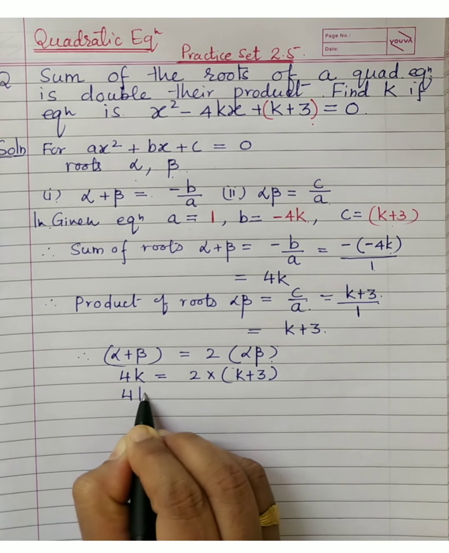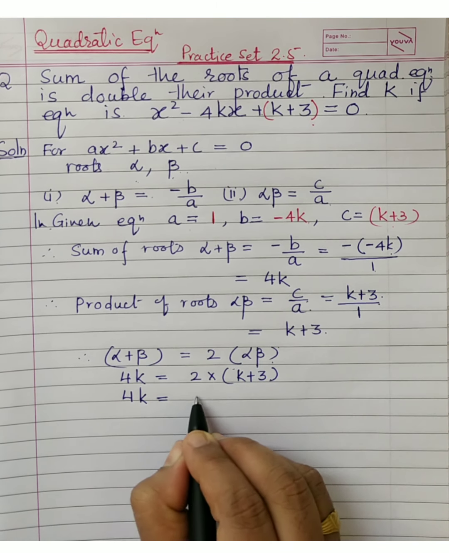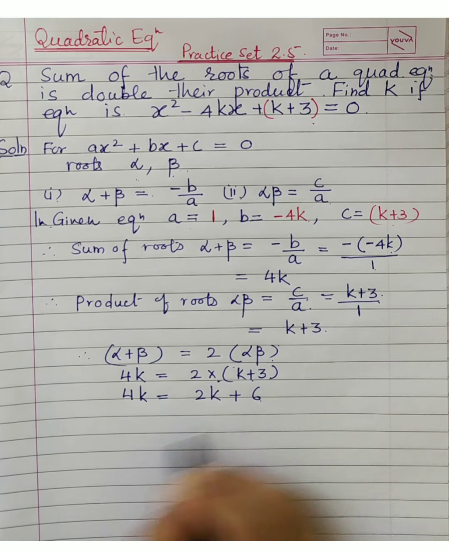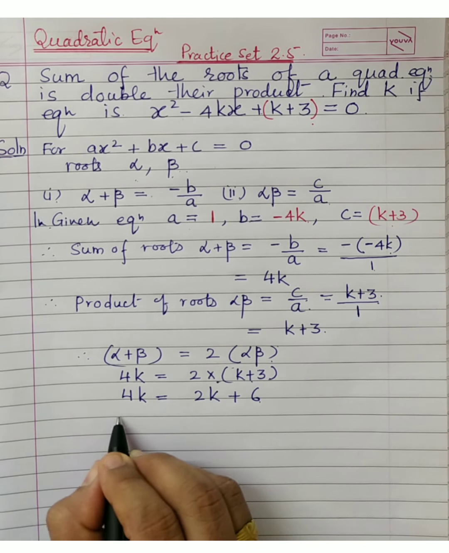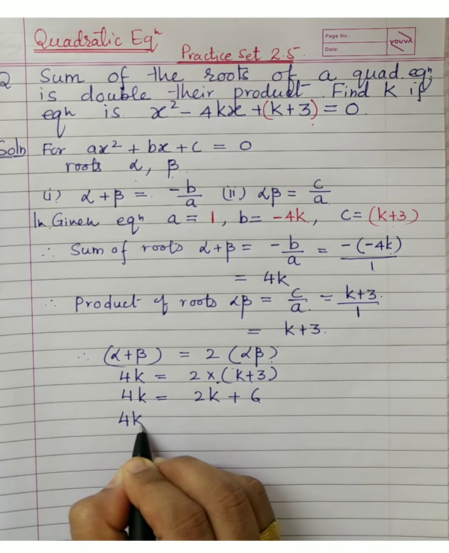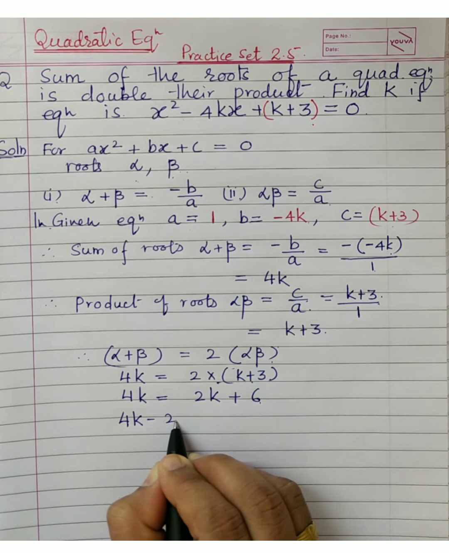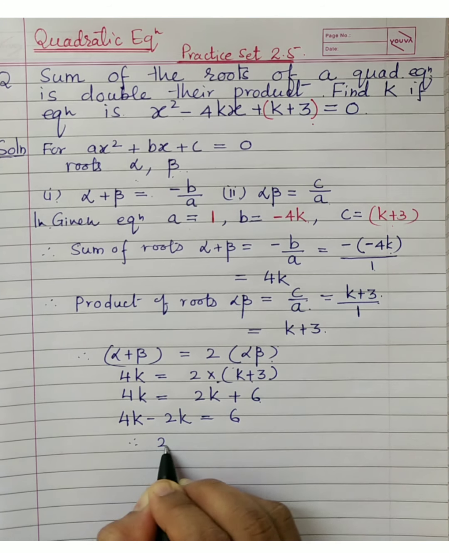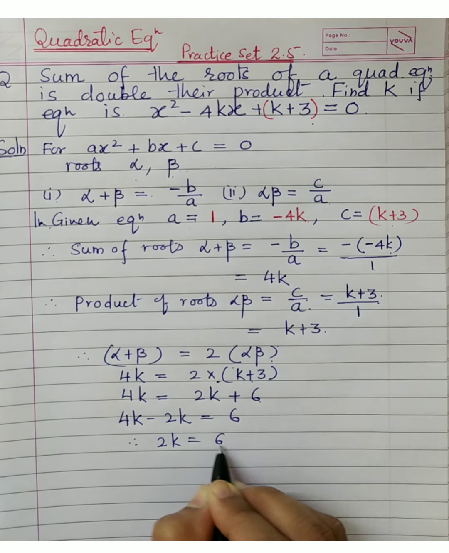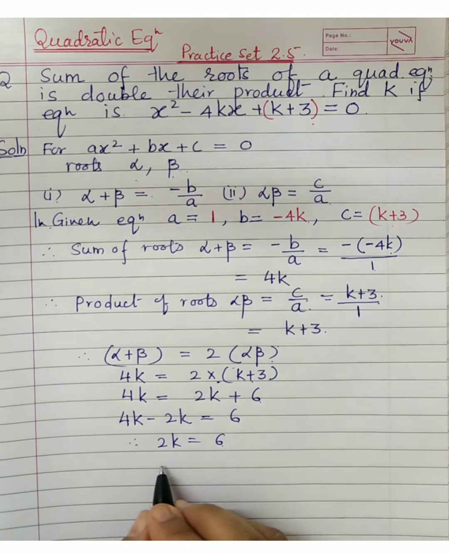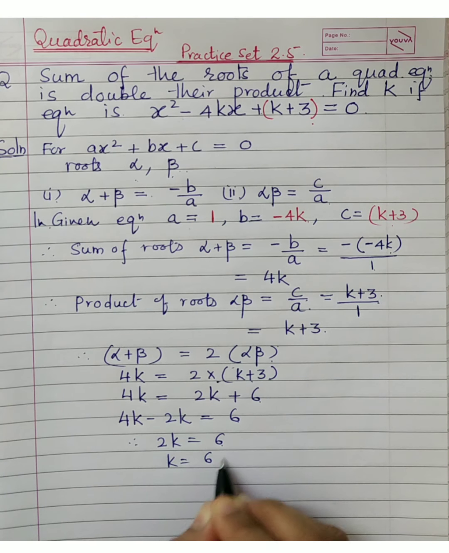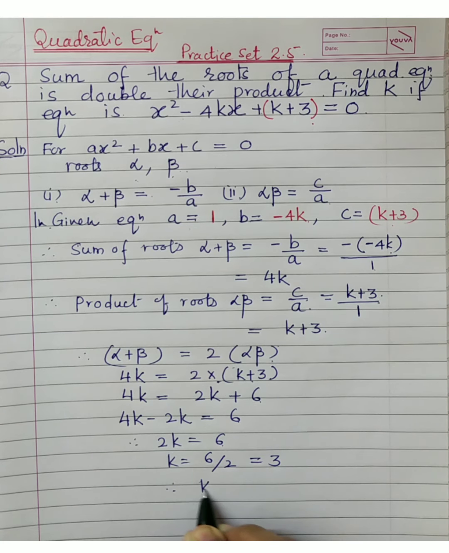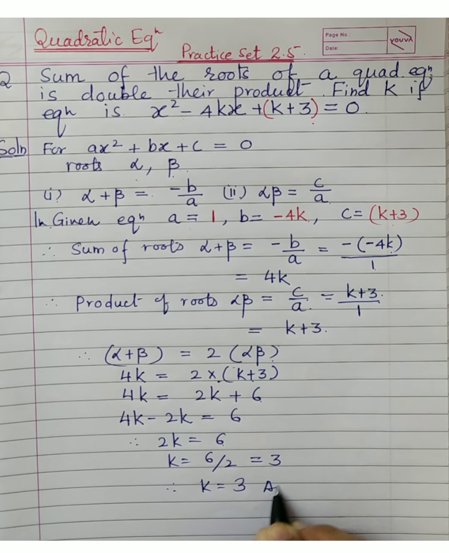You get 4k = 2(k + 3), open the bracket: 2k + 6. It is a linear equation. Gather the terms with k on one side: 4k - 2k = 6. That gives 2k = 6, so k = 6/2 = 3. So the value of k is 3.